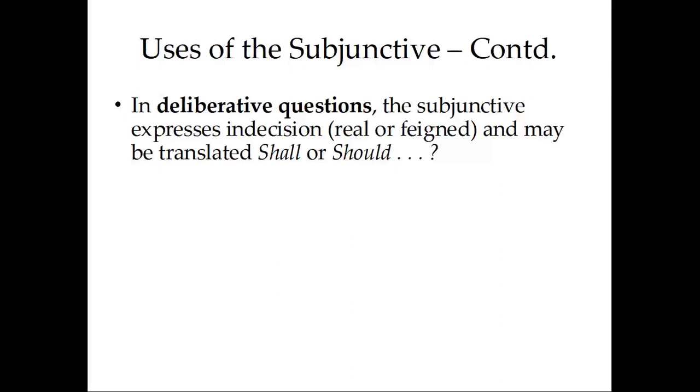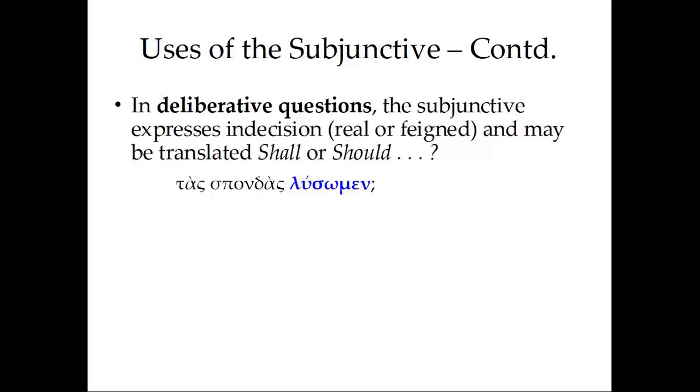In deliberative questions, the subjunctive expresses indecision, either real or feigned, and may be translated shall or should. We'll see some examples in just a second. Tas spondas lusomen. Tas spondas is the plural accusative form of hai spondai, which literally means drink libations, but really we understand as the treaty.